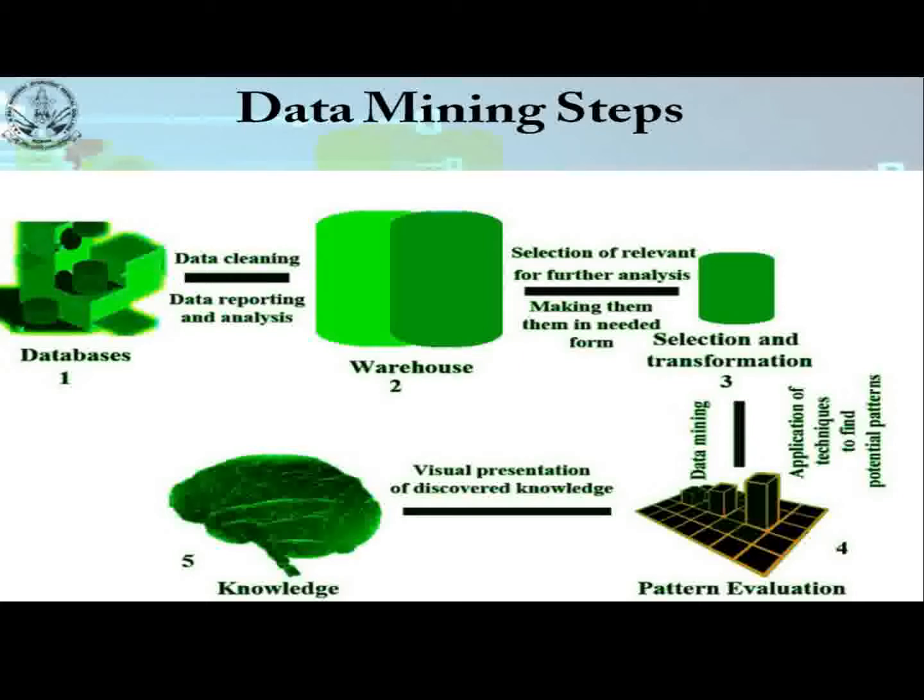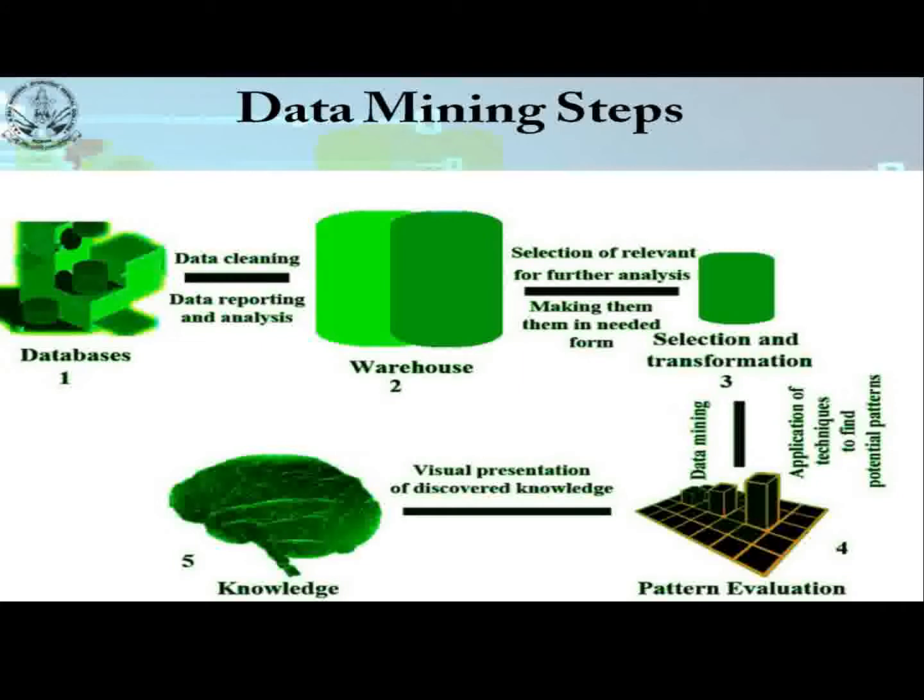Then it comes to the warehouse, and there data integration starts. In this stage multiple data sources, often heterogeneous, are combined together in a common source, and then selection of specific data for further analysis starts in the next stage.